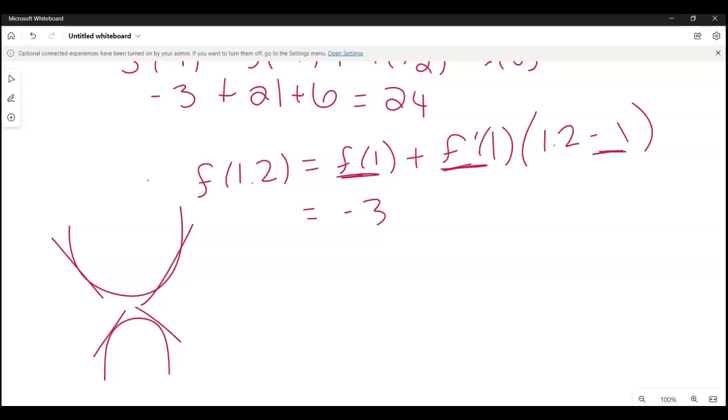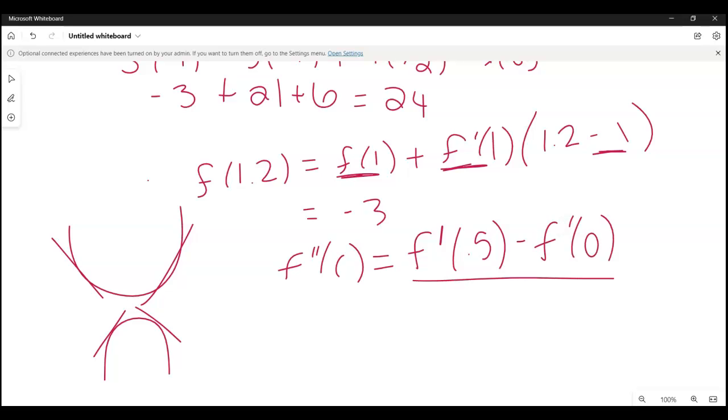So we want f double prime of C to equal f prime of 0.5 minus f prime of 0 over 0.5 minus 0, which is weird because we almost always do MVT with the original and the tangent line.